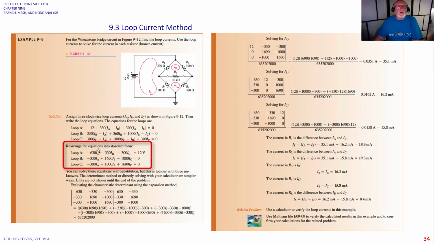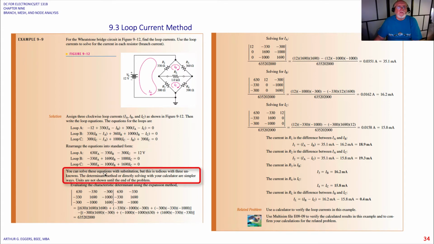So if we rearrange the equations in standard form, then we have loop A, B, and C accordingly. Of course, the first one you can see has the source included, and in the group loop B and loop C, we have the load resistor across the center included.